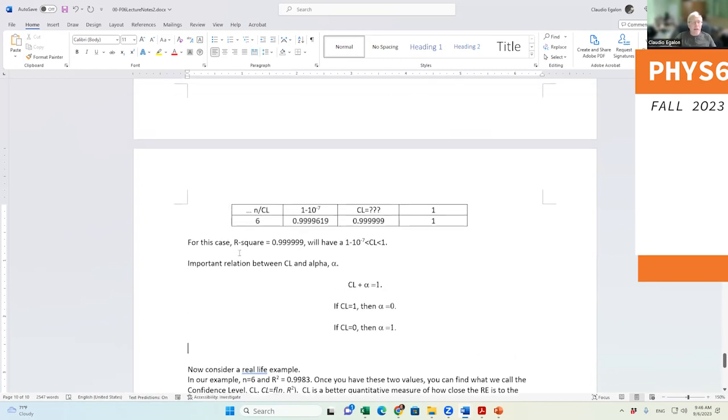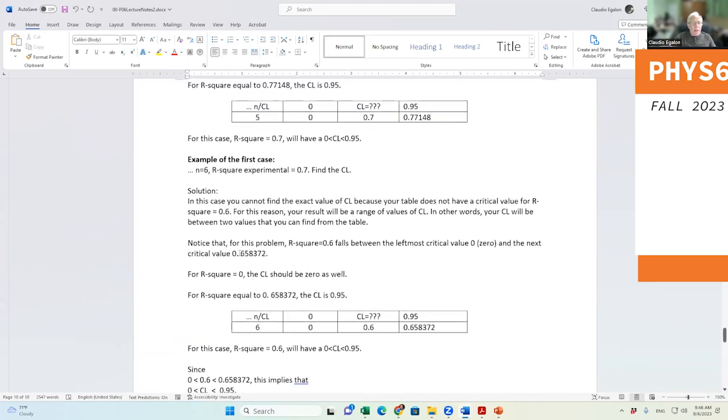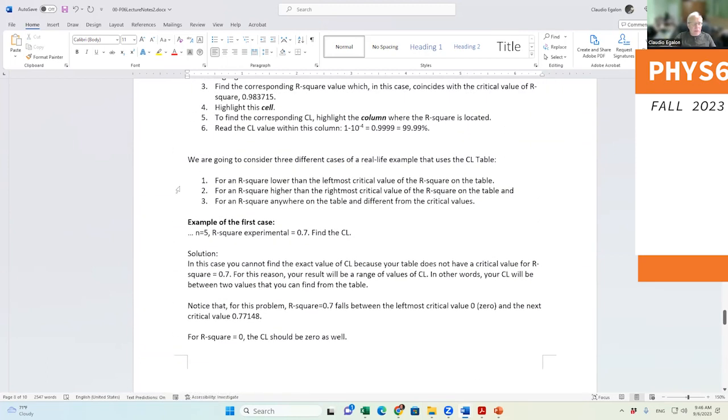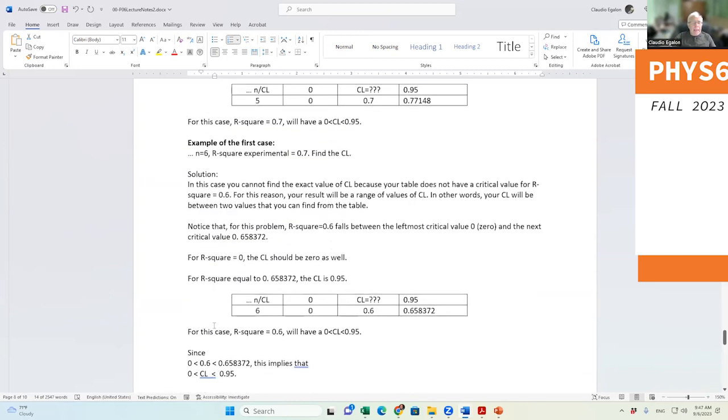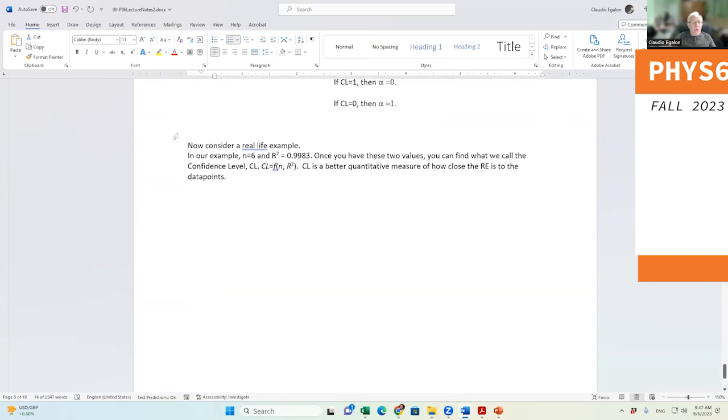Okay, and now we have to do the third case. We did the first and the second case. Let's go back here. R squared lower than the leftmost critical value, higher than the rightmost critical value, and then anywhere in between. And that's what this example is all about.